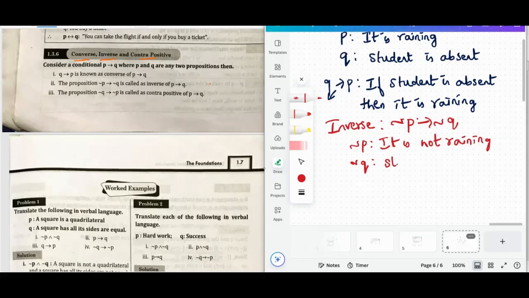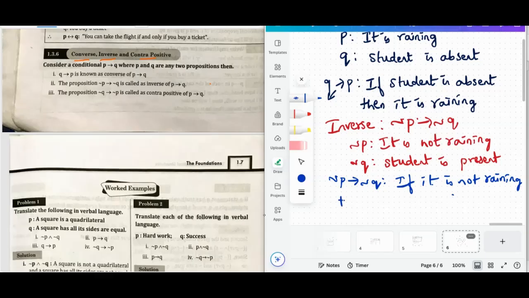Negation Q: student is present. The opposite of absent is present, so either you can write not absent, or in place of not absent, I'm using present. So the answer: if it is not raining, then student is present. It's called the inverse of the given statement.